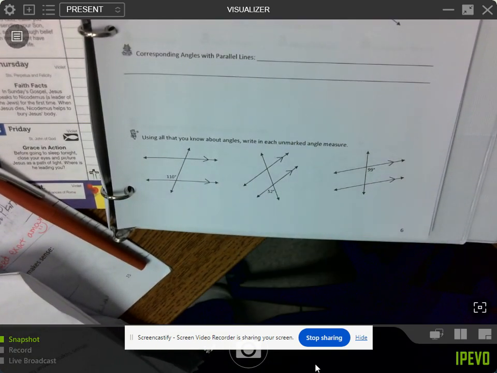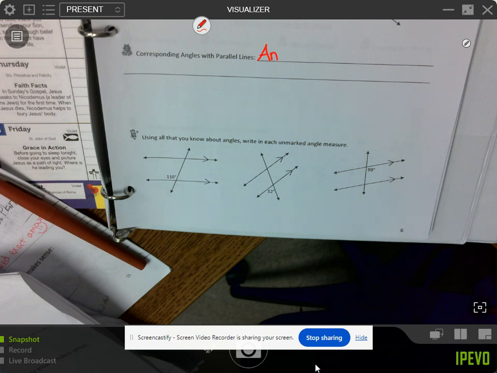So a corresponding angle are angles in the same location at a different vertex. So remember, the vertical angles shared a common vertex. Corresponding angles have a different vertex.